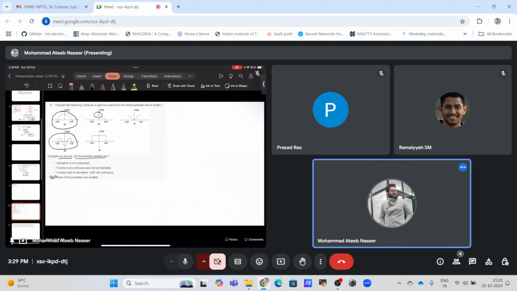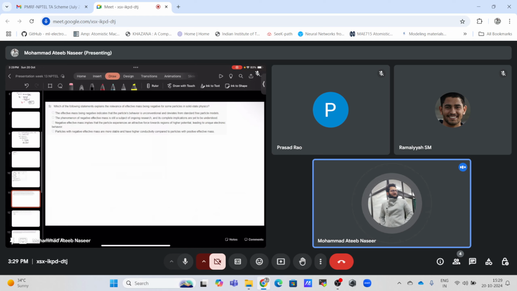Okay, now let's move to the other problem, which is associated with the effective mass. This is just a brief recap of the things that we have been doing in the course. Which of the following explains the relevance of the effective mass being negative for some particles in solid state physics?